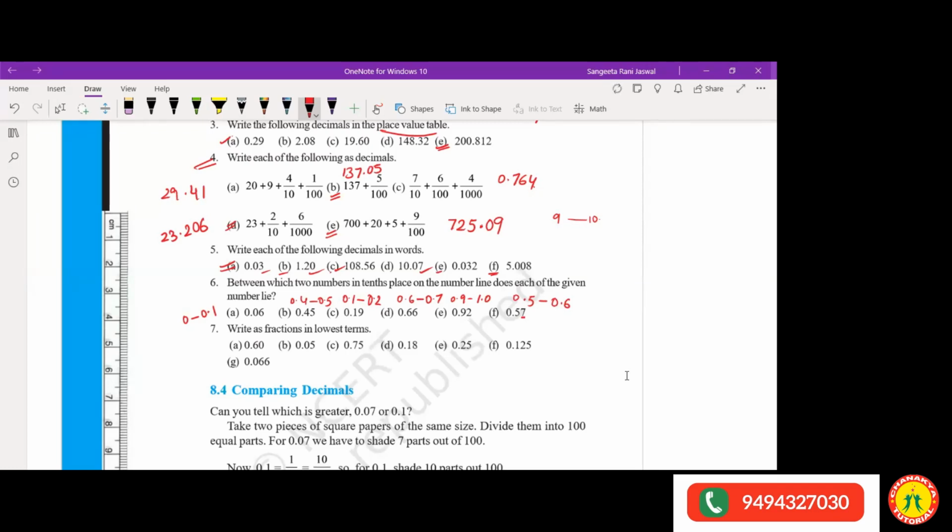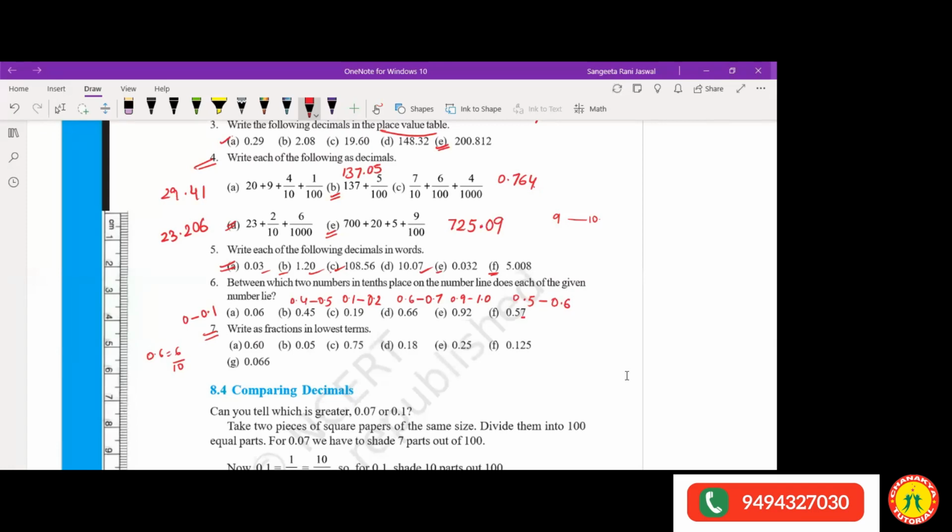Okay, now see the next question. Write as fractions in lowest form. Now you have to write it in fraction form in lowest form. 0.6, so how will you write 0.6? 0.6 can be written as 6 by 10. 6 by 10 can be reduced, this 0 at the back does not make any difference.